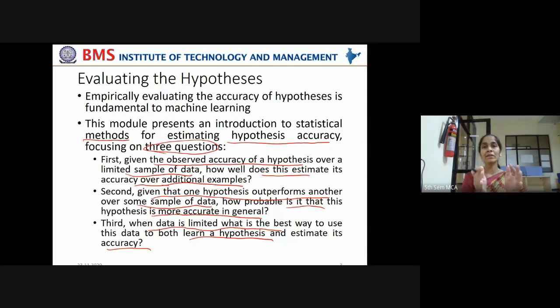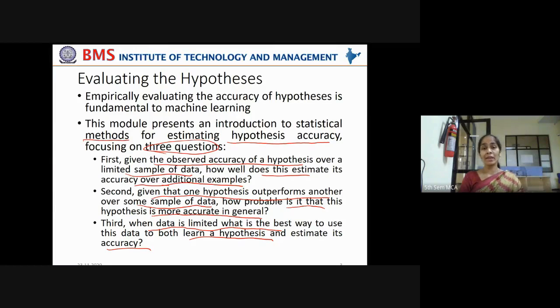Whether to split the data set into a training set and test set, or do some cross validation, so that you divide your data into 10 parts, and one part you take as the test set and 9 parts as the training set. Again, in the next iteration, take a different part as the test set and the remaining 9 parts as the training set.